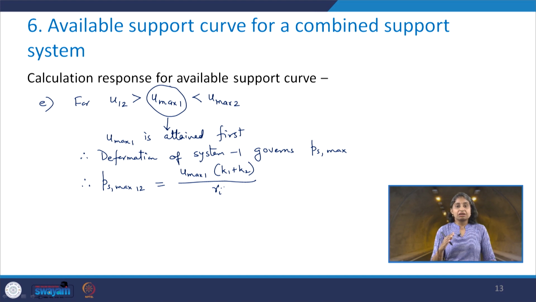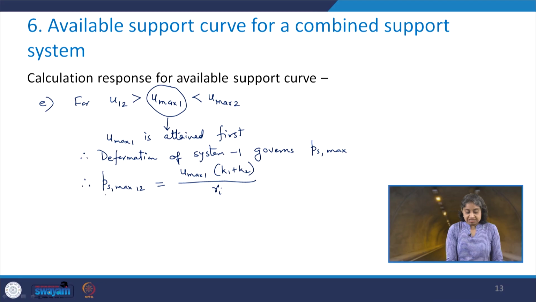So, the deformation of system 1 will govern the available maximum support pressure, and therefore, for the combined support system, this maximum support pressure, which is Ps max 12, will be equal to u max 1 into K1 plus K2 by Ri.